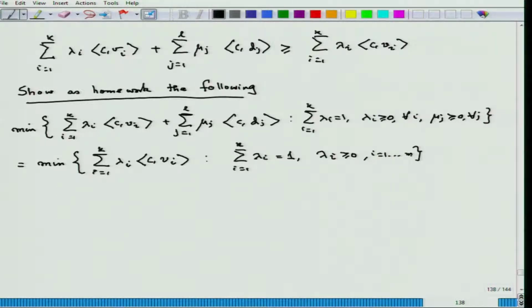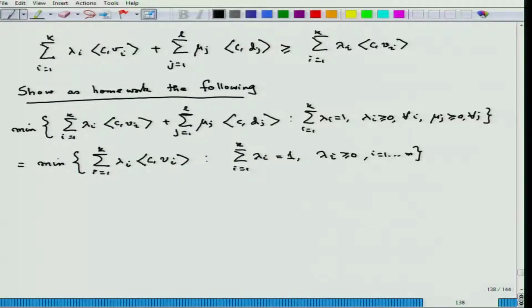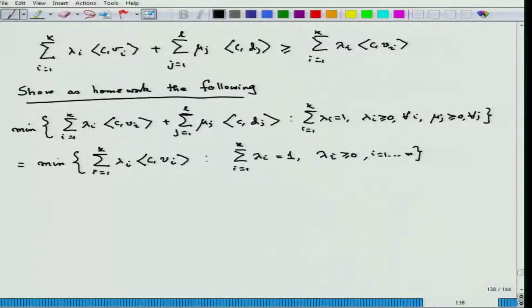Now this is quite intuitive, because this quantity is nothing but this quantity with mu j equal to 0 here. I can always put mu j equal to 0 because mu j's are greater than or equal to 0; it is your choice whether you put it equal to 0 or greater than or equal to 0. Hence whatever way we try, the functional value has to be always bigger than this, which is also one of the functional values. So, the minimum achieved by minimizing these functional values will obviously be less than this one.